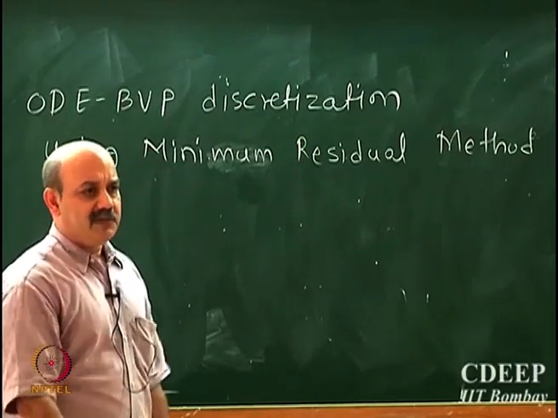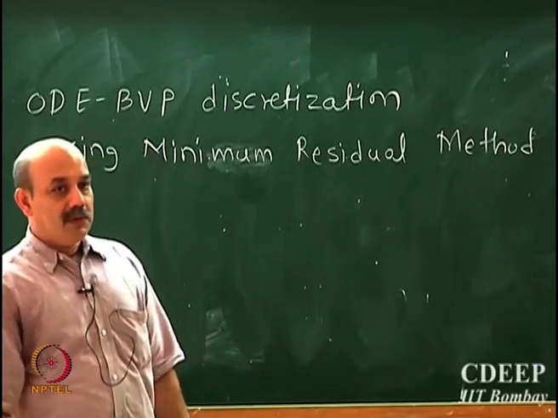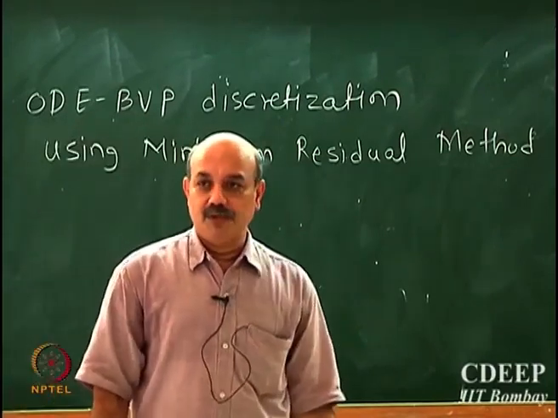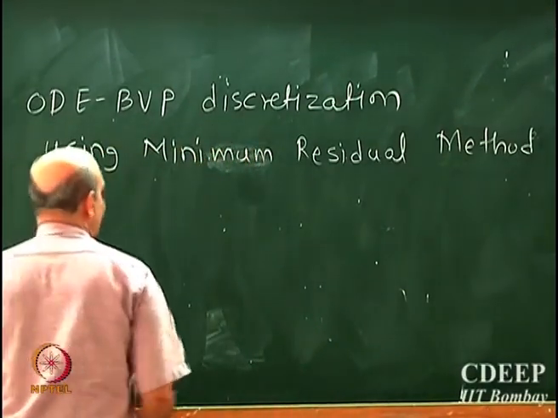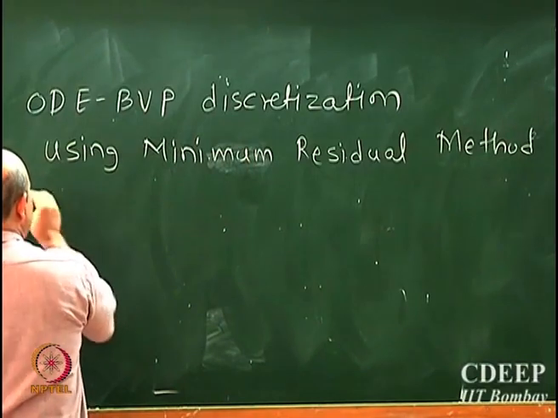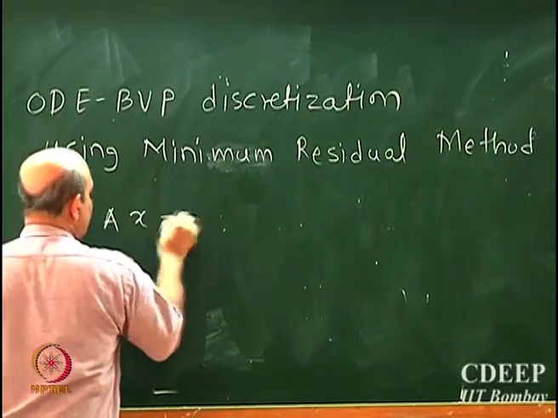What we wanted in optimization, we want to minimize something, and the minimum should be the solution. Now let me say that I want to solve Ax equal to b.